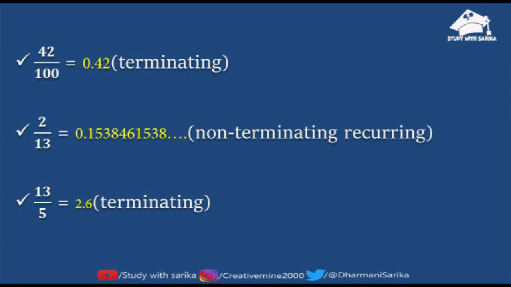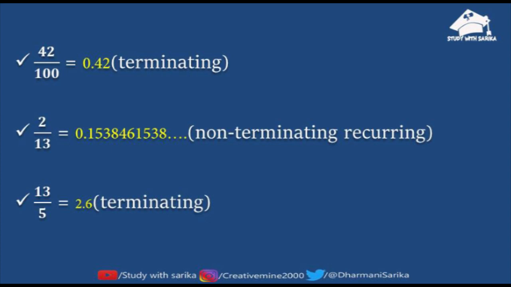The second last is 2 upon 13. Now in 2 upon 13, the decimal expansion is 0.153846, 1538 and so on. With this you can find dot dot, it is a non-terminating kind. It is an infinite series of number. With that you can find there is not a single number which is repeating its value.